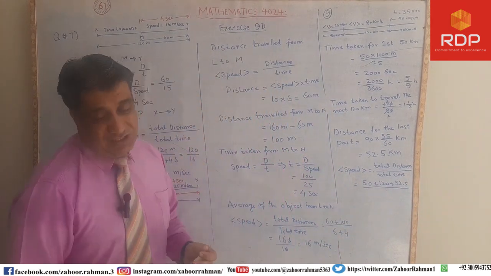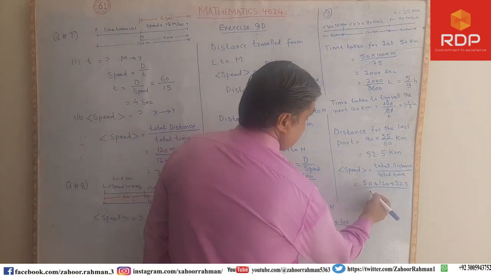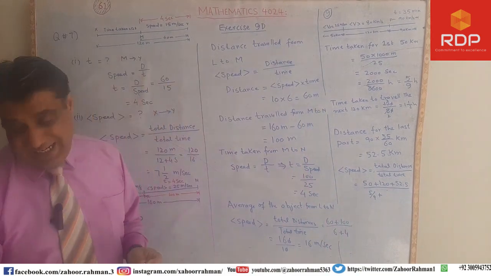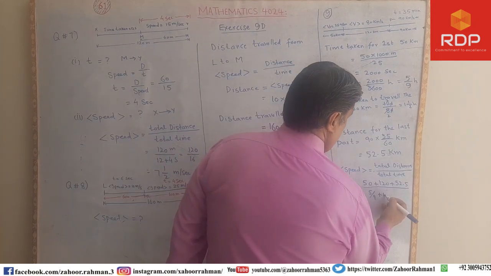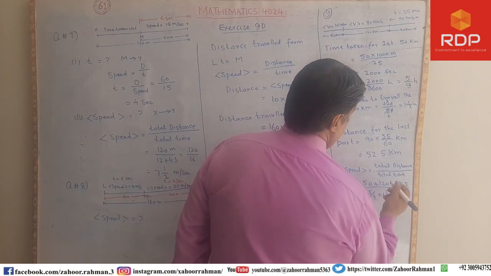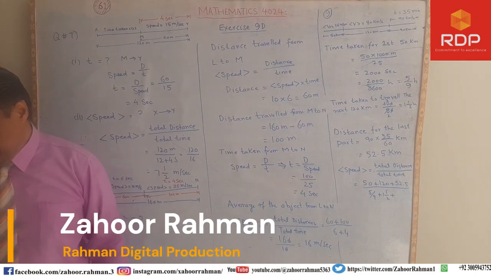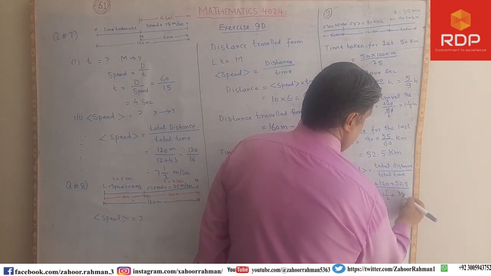The total time is 5 over 9, plus 1 whole 1 over 2, plus 35 divided by 60, because it was in minutes.